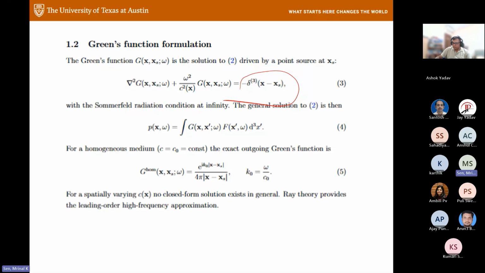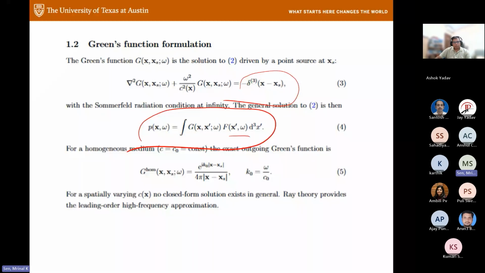Once we get the Green's function solution, it is basically convolved with the source, and that gives you the pressure response that you are interested in.